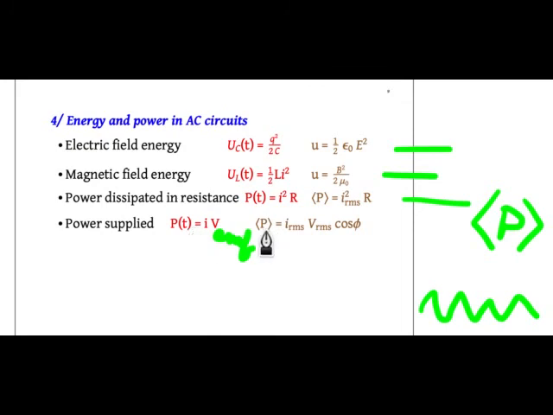We might be interested in the mean power, which will be the RMS current times the RMS voltage times the cosine of the phase angle between voltage and current. So this constant cosine phi is sometimes called the power factor.